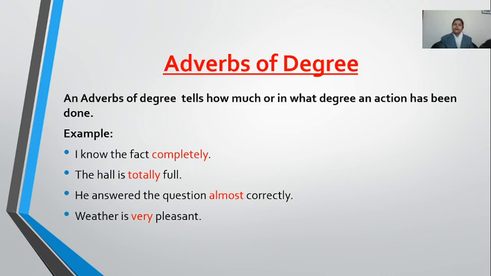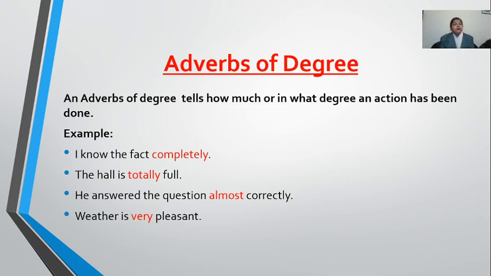Adverb of place: to know the adverb of place we ask the question with which word? Where. Our third was adverb of time. For adverb of time, I used the question word when. And our fourth was adverb of frequency. And this is our fifth one, adverb of degree.